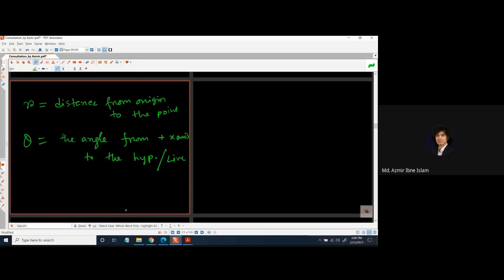Okay, but we have specific names for r and theta. The distance from origin to the point is called, mathematically, modulus. So r is called the modulus and theta is called the argument.